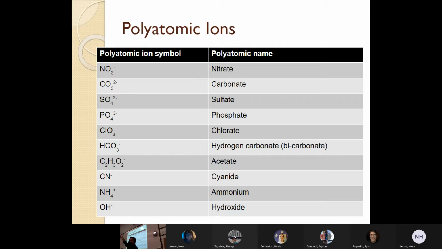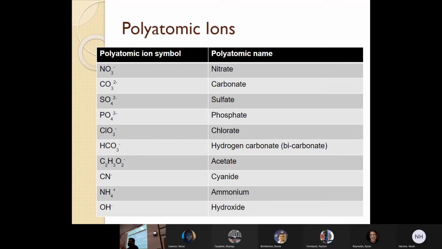Carbonate, CO3. When you draw all the dots, carbonate needs 2 more electrons to be happy. Just like oxygen all by itself, oxygen has 6 valence electrons, it needs 2 more. Carbonate, when you draw it all, it needs 2 more electrons to be happy.